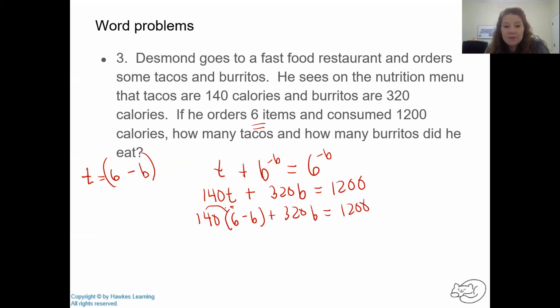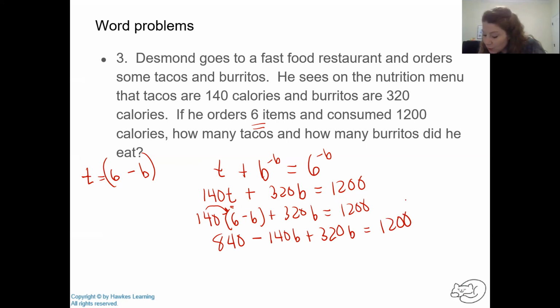So 140 times 6 is 840. 840 minus 140B plus 320B equals 1,200. So 320 minus 140, combine like terms, I get 180.